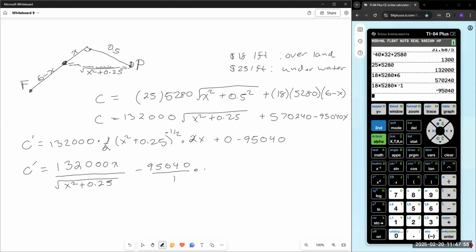Going to make a common denominator, square root of x squared plus 0.25, and I'm going to set that equal to 0.